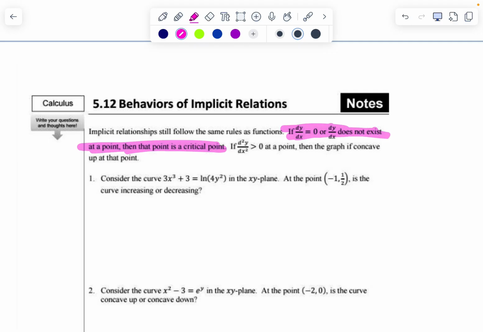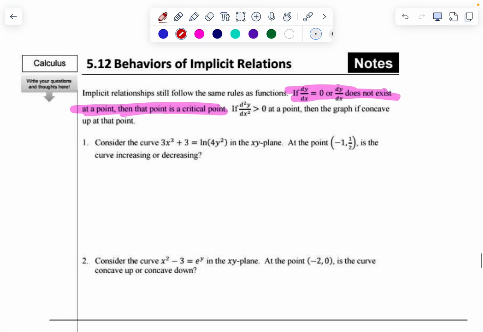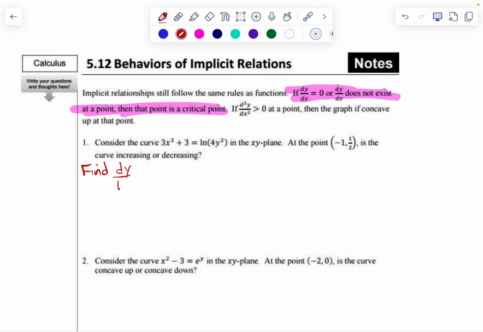All right, well, we know we're going to start by finding dy dx. So go ahead and do that just as a quick review of the function there.